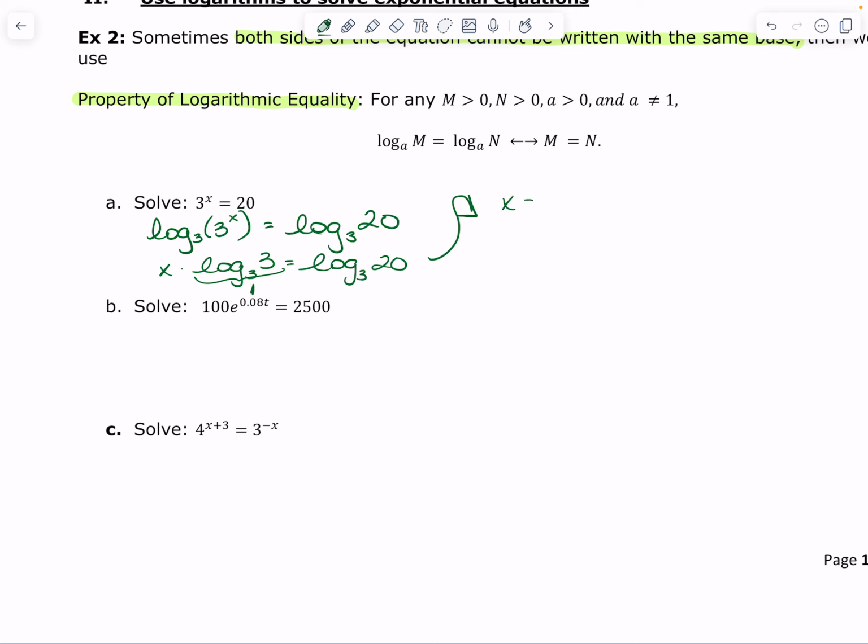So I got x equals log base 3 of 20. I can plug that into a calculator or use change of base, depending on what kind of calculator you're using. And I get 2.7268.